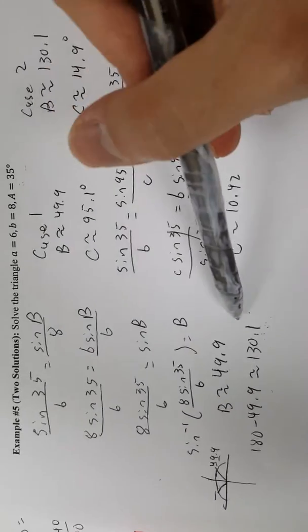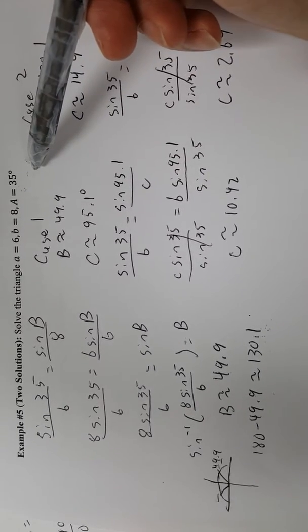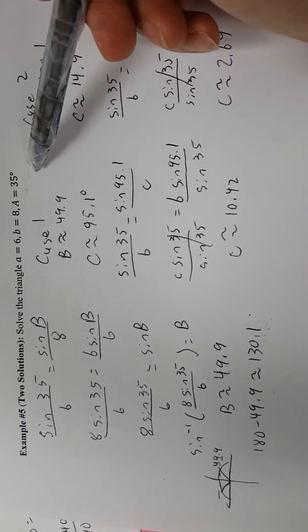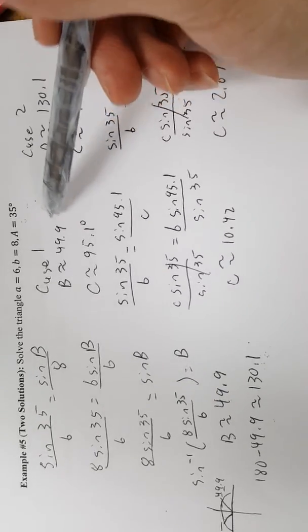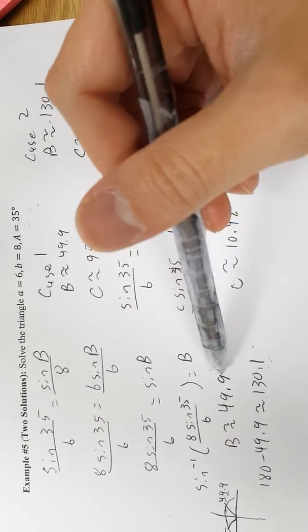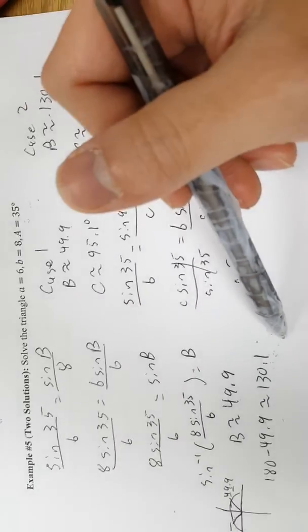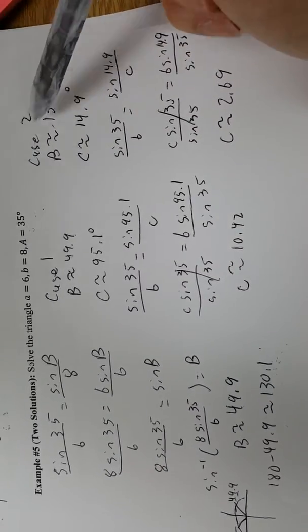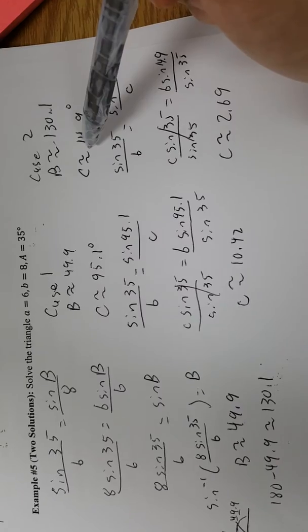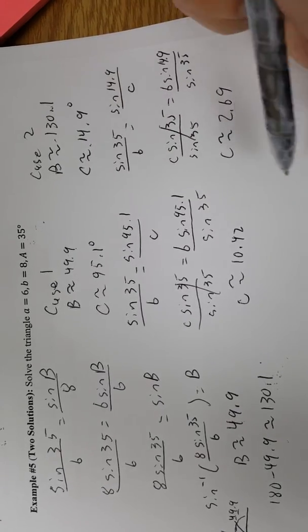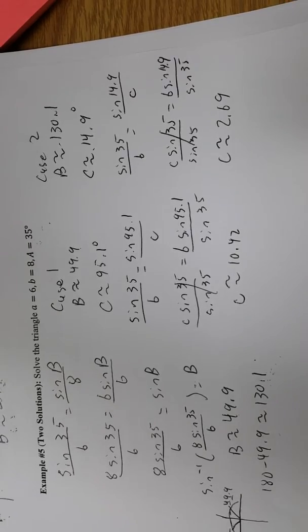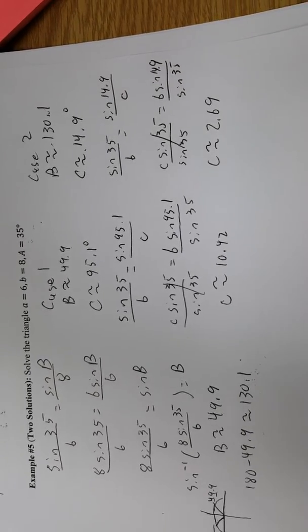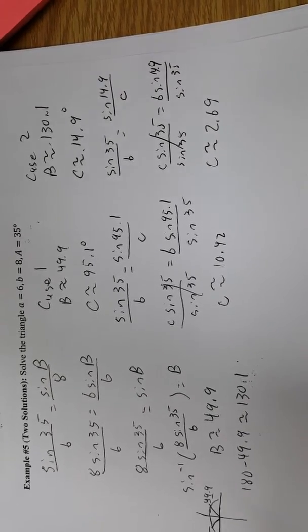Since 130.1 plus 35 is 165.1, you still fall under 180, which means you have room for a third angle. So now you're going to do two cases. One where angle B is 49.9 and one where angle B is 130.1. You find angle C for each of them and then do your law of sines to find side C. Okay? That is when you have two solutions to the information given.